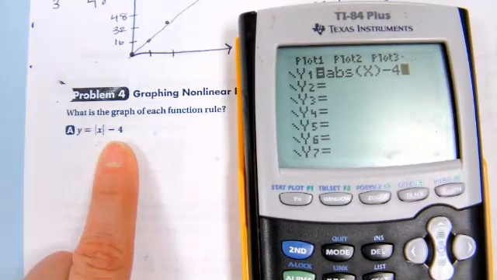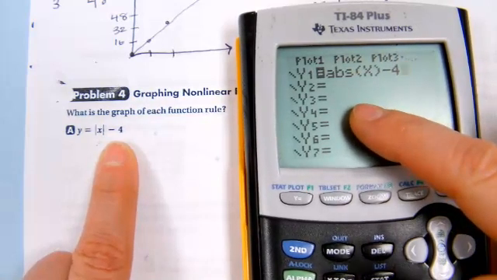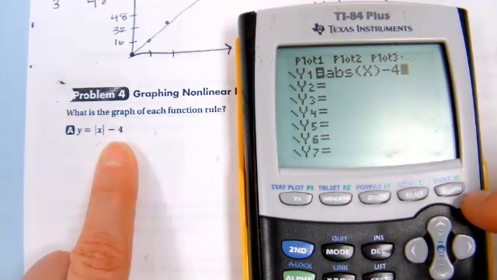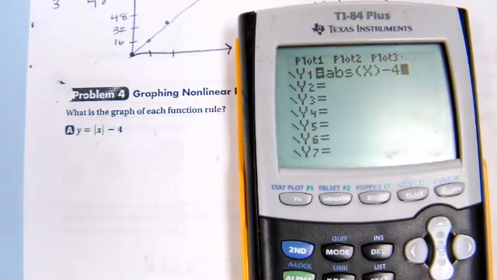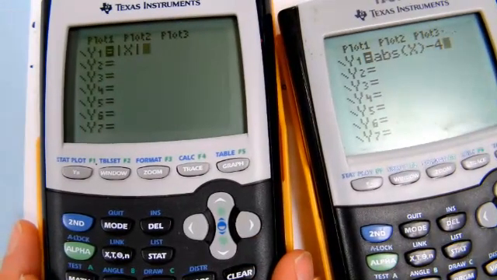Now, depending on how new your calculator is, yours might look different. It might actually put in absolute value lines, but I have an older version. Does someone have a newer calculator that I can put under the screen real quick? The newer calculator should put the absolute value lines in it.